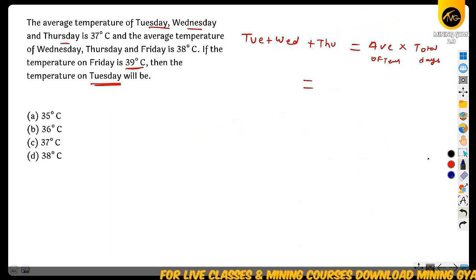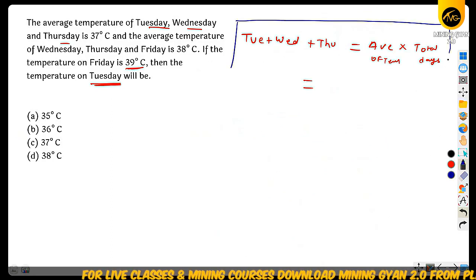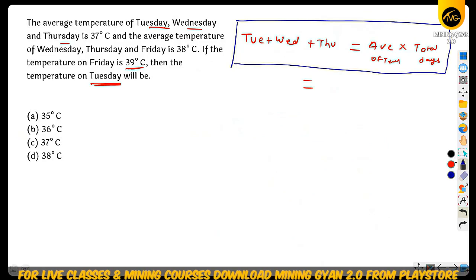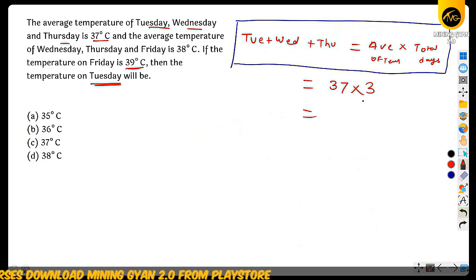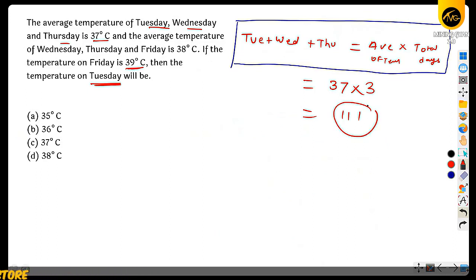So this is basically our formula to find out the total temperature. Now the average of temperature is 37 degrees Celsius. So 37 multiplied by total days, 3 days, Tuesday, Wednesday and Thursday. So just multiply 37 into 3. That will be 21 and 9 and 11. So 111 degrees Celsius is the temperature of 3 days, Tuesday, Wednesday and Thursday.